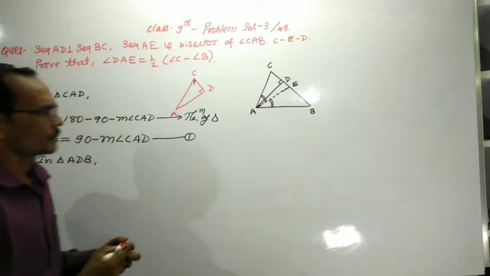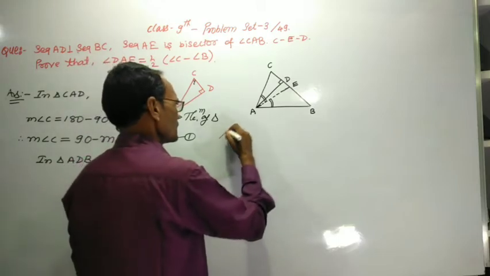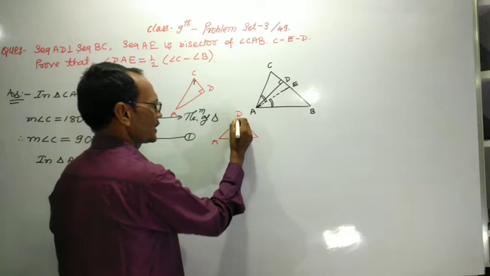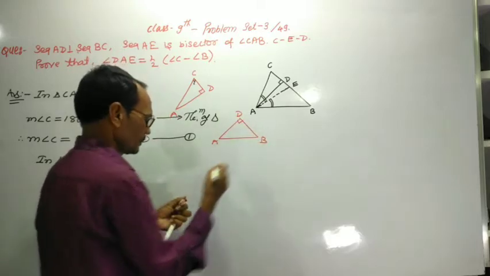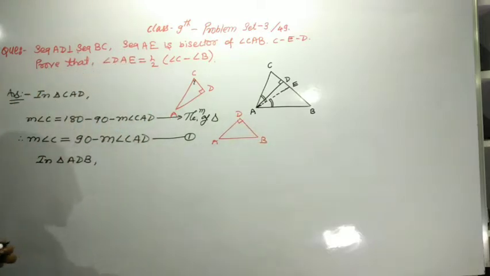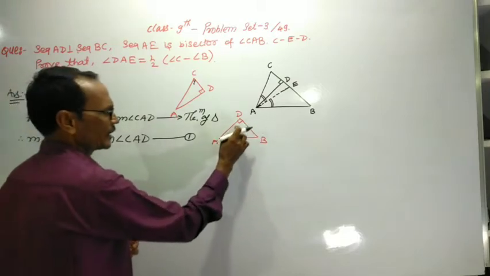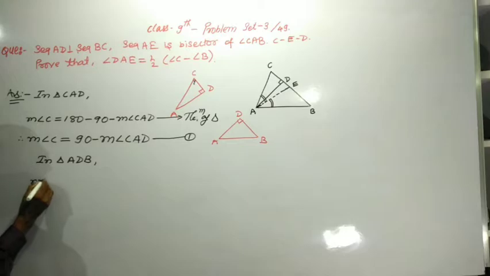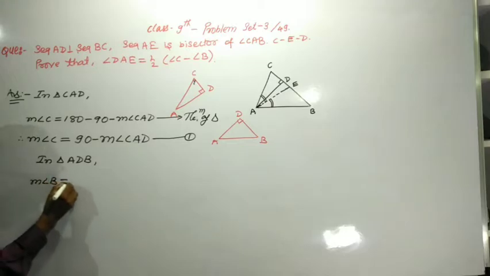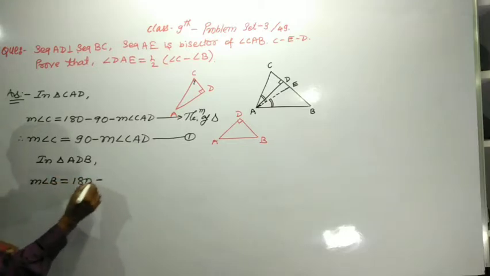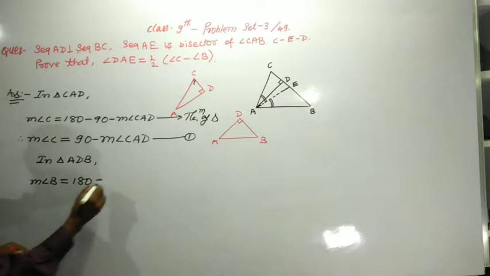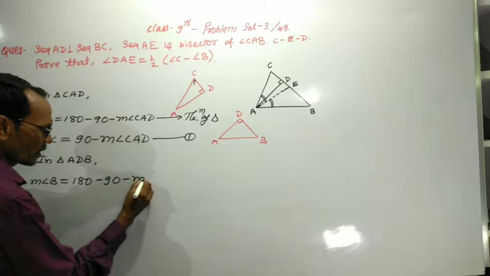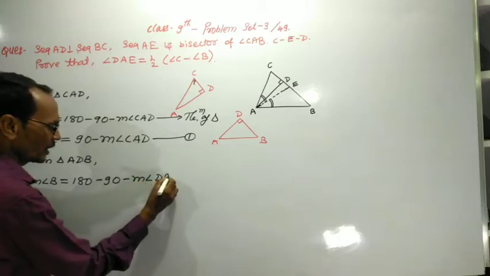Now, the remaining triangle, that is triangle ADB. I can draw it for description. A is here, D is here, which is 90, and B. The sum of these three angles is again equal to 180, by the theorem of triangle. So I can write measure of angle B is equal to 180 minus 90, again minus measure of angle DAB.